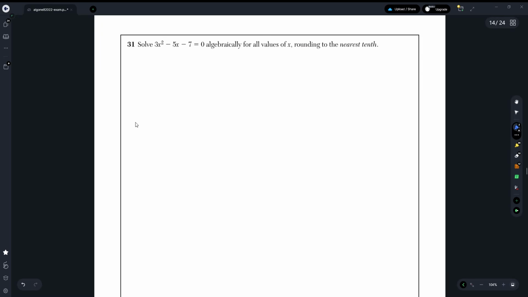Alright, 31 says solve 3x squared minus 5x minus 7 is equal to 0 algebraically for all values of x, rounding to the nearest tenth. If I'm solving for the value of x and I have a quadratic, just remember the quadratic formula: negative b plus or minus the radical of b squared minus 4ac, over 2a. The fastest way to solve this problem is to plug it into this formula.